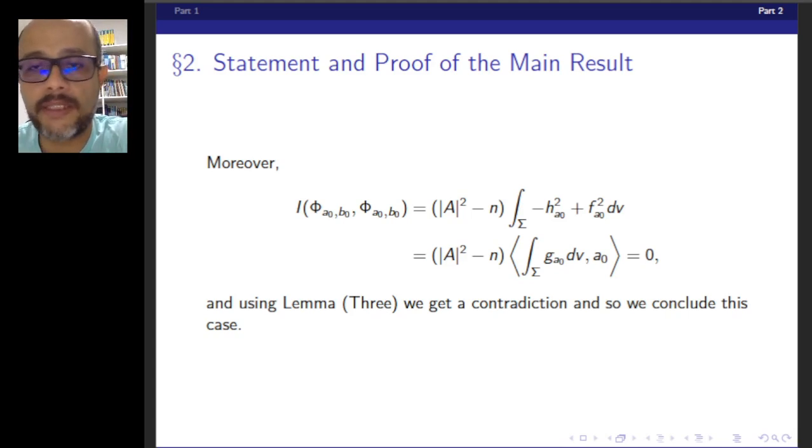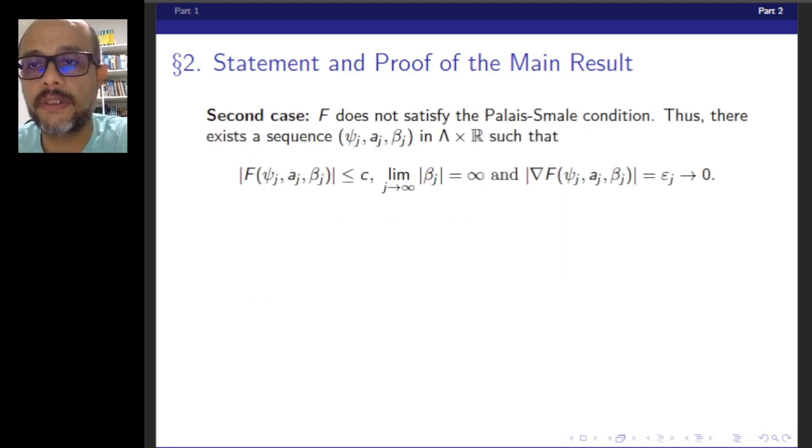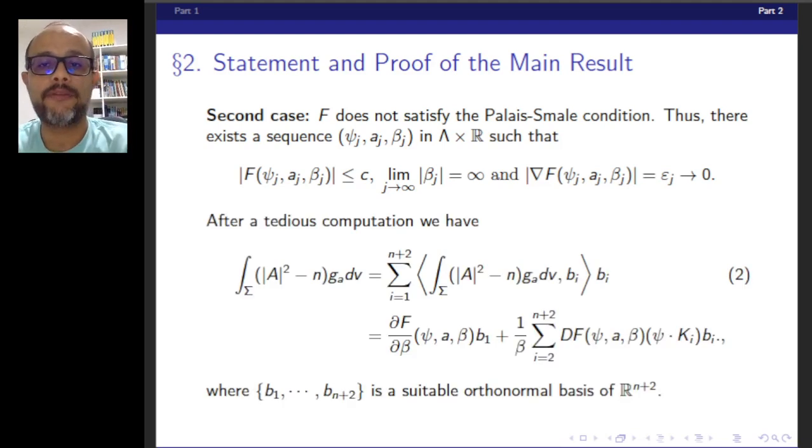So, the final case is when f does not satisfy the Palais-Smale condition. In this situation, we have a sequence going to infinity. Infinity in the cylinder means the third coordinate goes to infinity. And the gradient of the functional f along this sequence goes to 0. Okay. After a tedious computation, we have this expression.